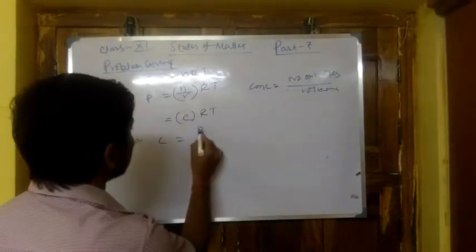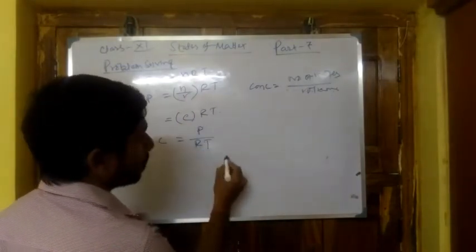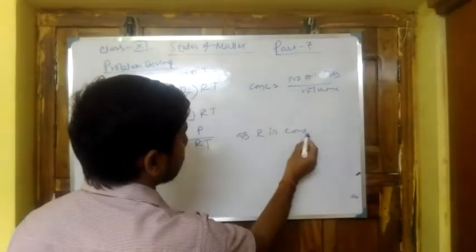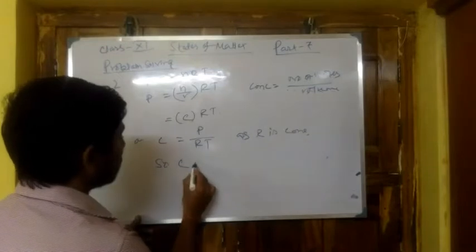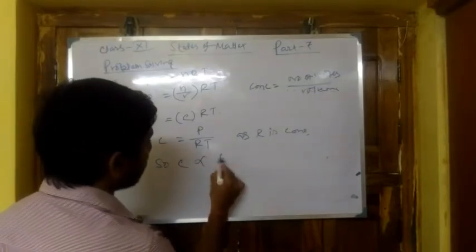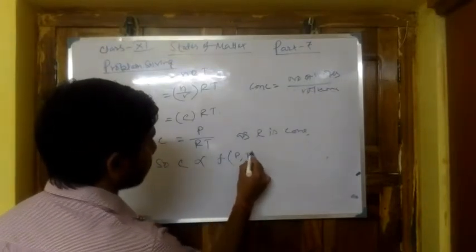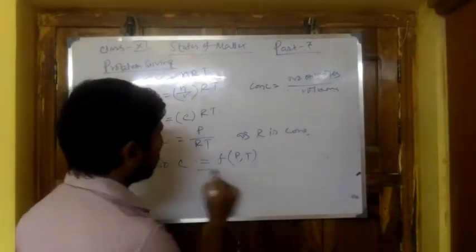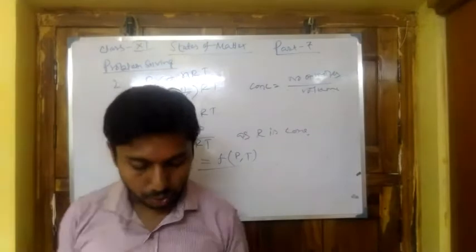Now C equal to P by RT, as R is constant. So C is a function of pressure and temperature. In this way, we can prove this.